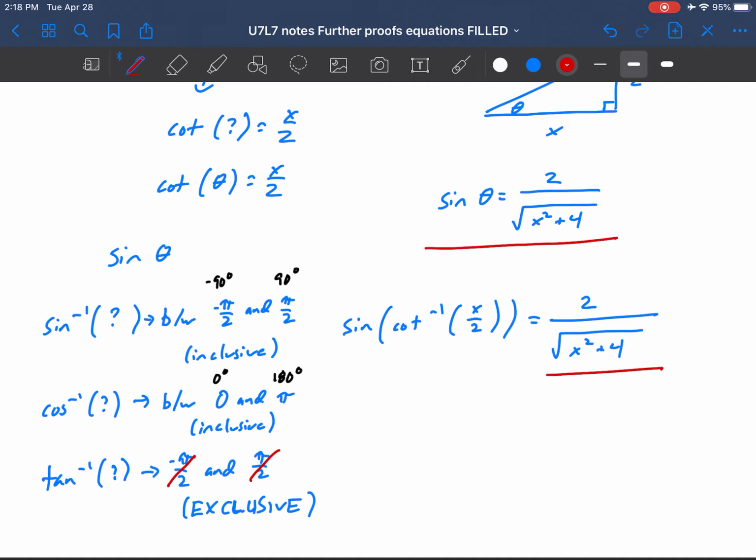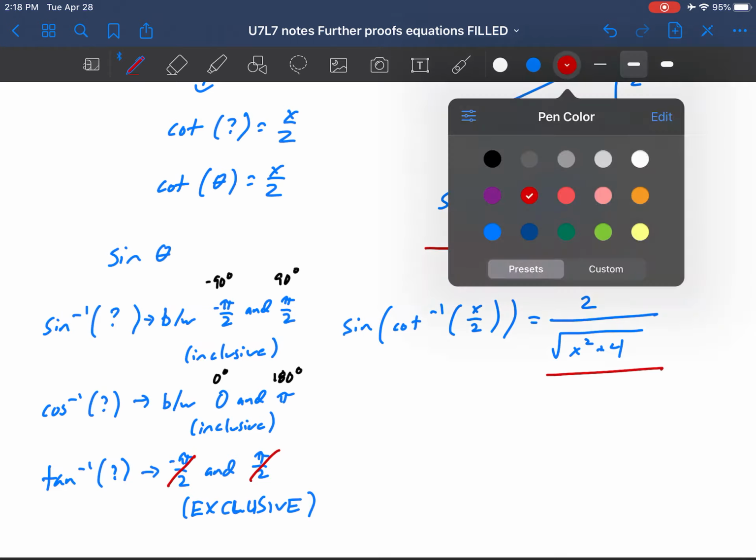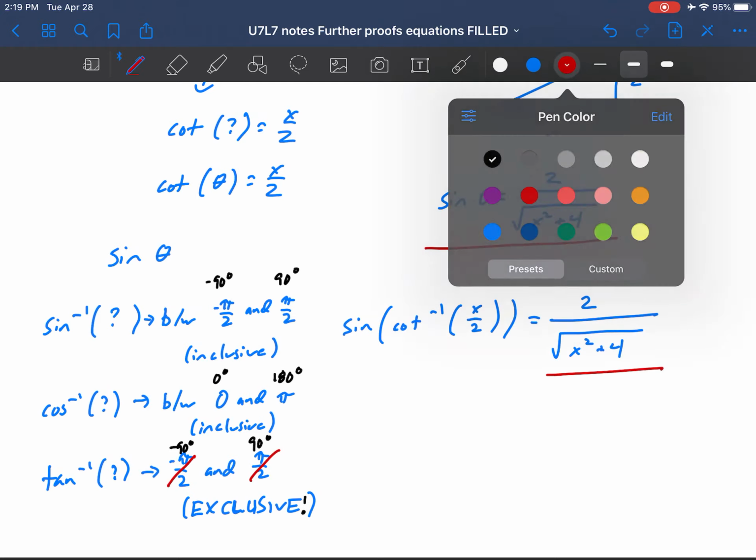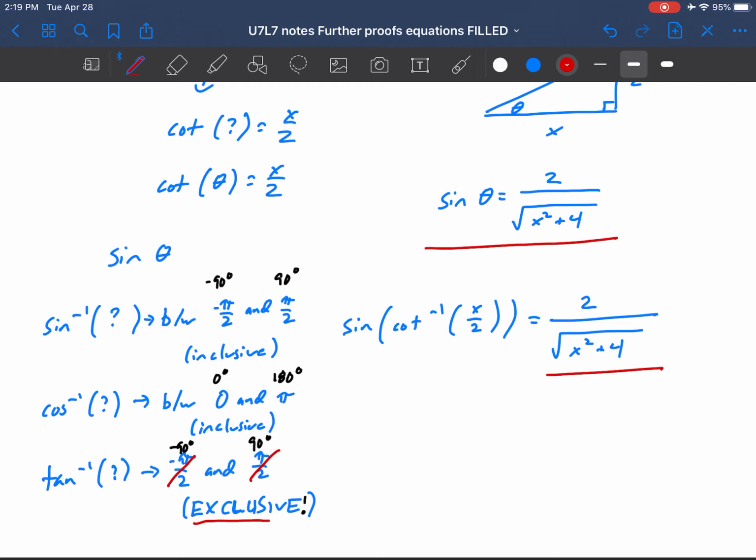Hopefully we know that because the tangent there is undefined, because there's no adjacent side. So this is negative 90 degrees to 90 degrees, but endpoints not included.